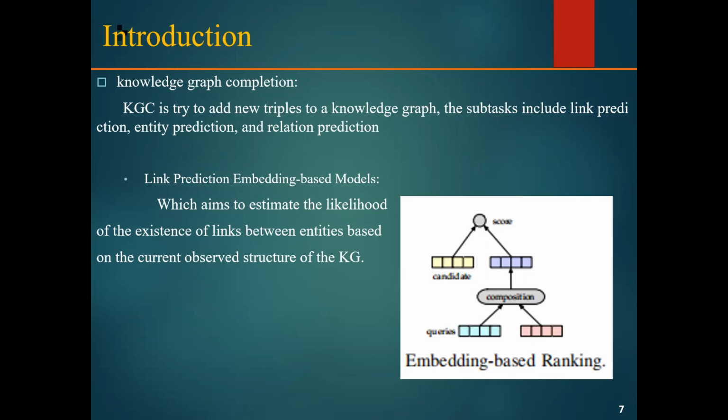Then, by replacing the tail entity or the head entity with each entity, those methods could be used for calculating the scores of all candidate entities and ranking the top K entities.